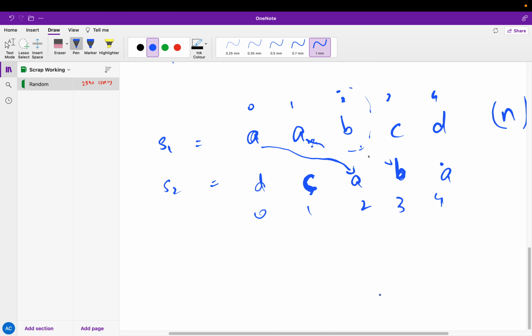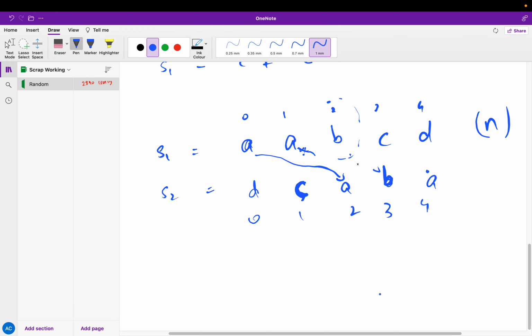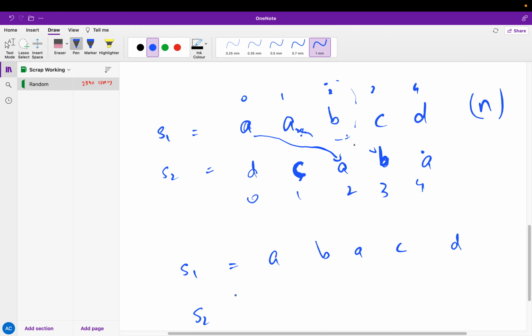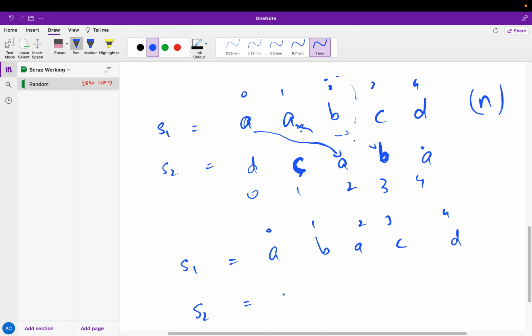The other thing to be careful about is, let's say they both start in even positions. So S1 is like A, and then B, C, D. And S2, so 0, 1, 2, 3, 4, is like B, I don't know.